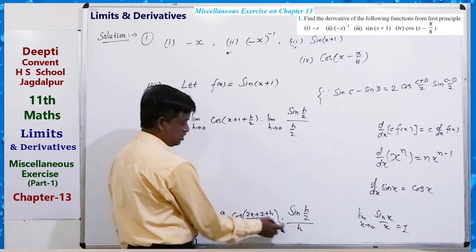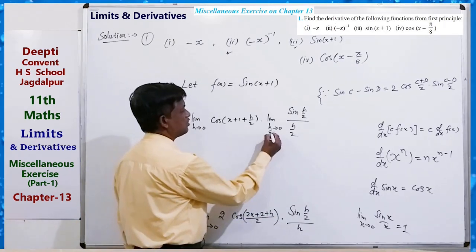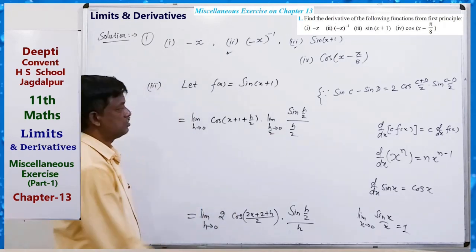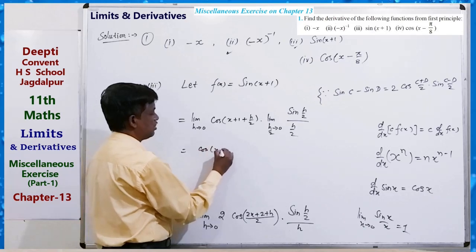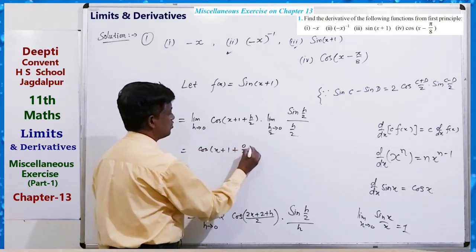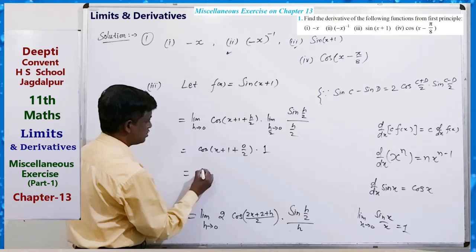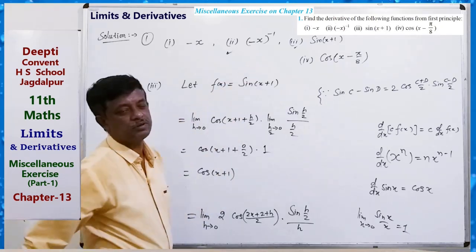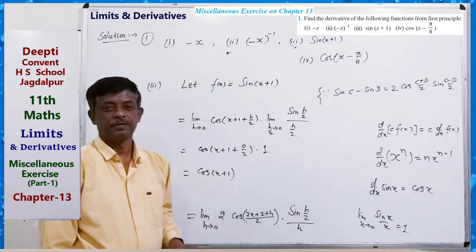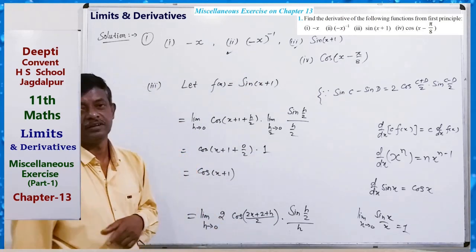Here h tending to 0 can also be written as h/2 tending to 0. So this is 1. And here cos(x + 1 + 0/2) into 1. So this is cos(x + 1). So the derivative of sin(x + 1) is cos(x + 1), by using the first principle method.